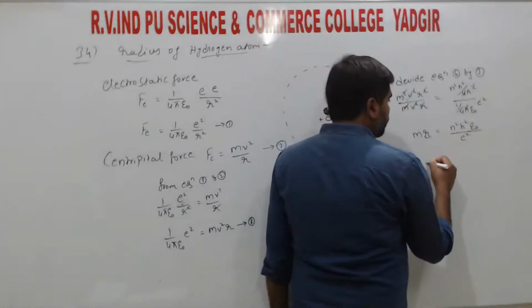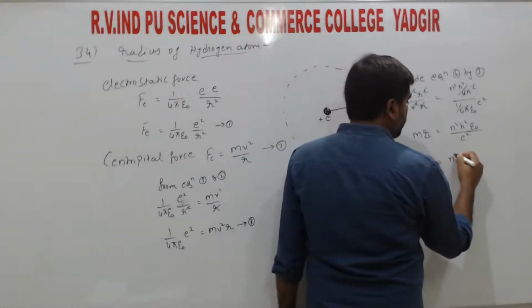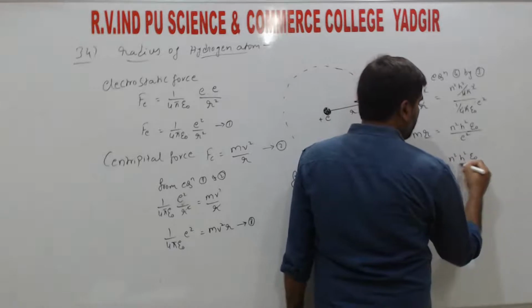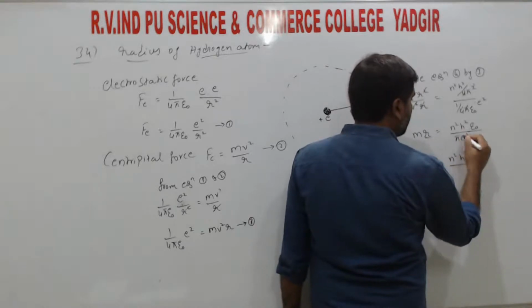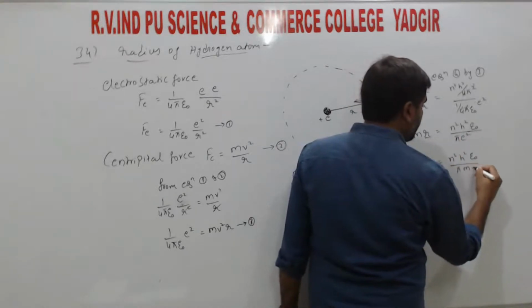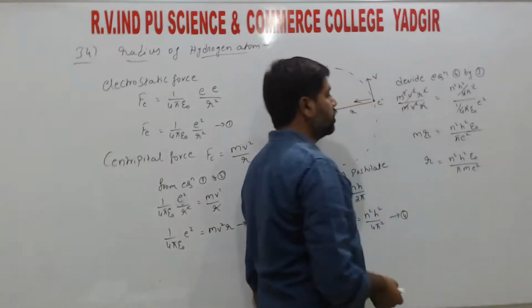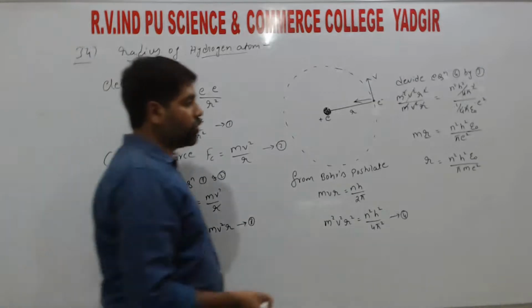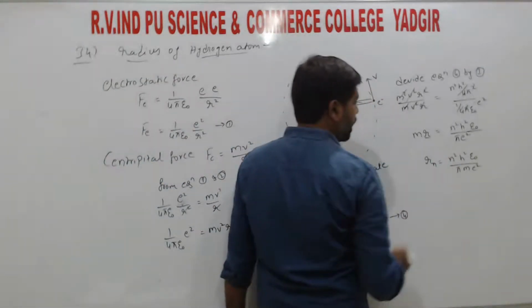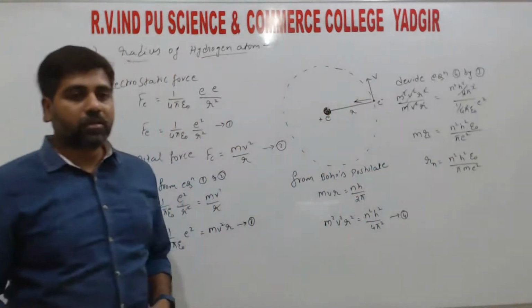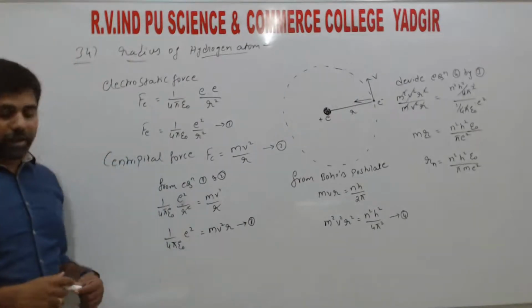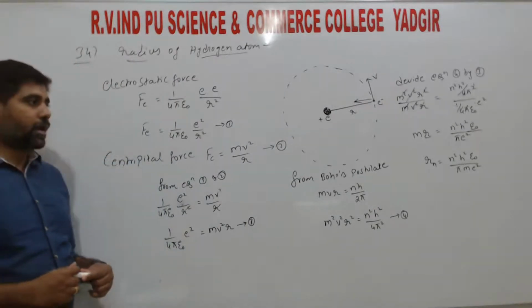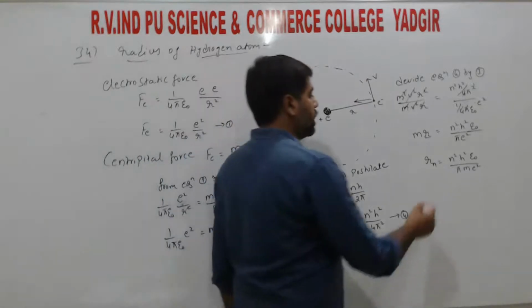So we need the radius. So r is equal to n square h square epsilon naught divided by pi m e square, right? So this is the radius of the nth orbit. For the nth orbit we need to write rn. Since they asked for the nth orbit, we have to substitute rn, right? So this is the final expression.